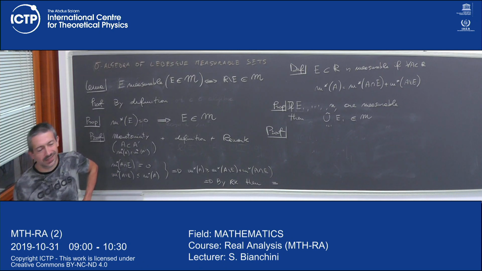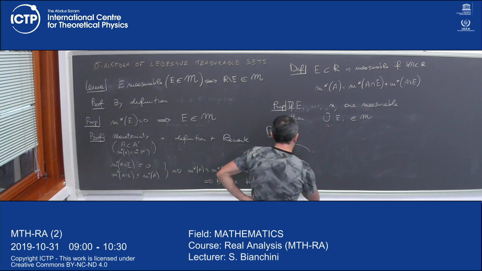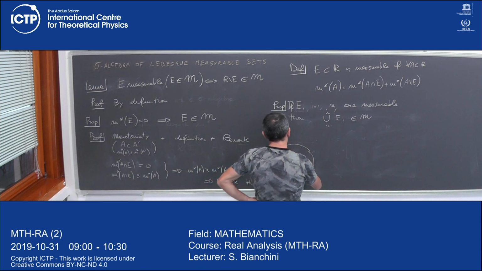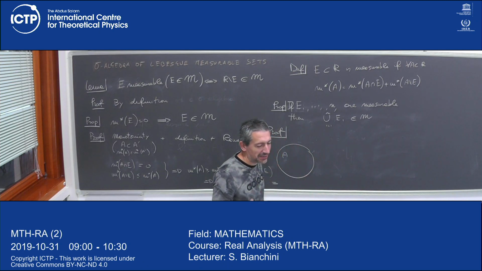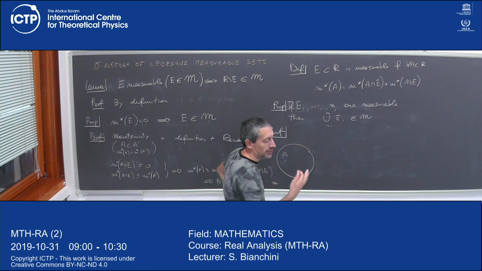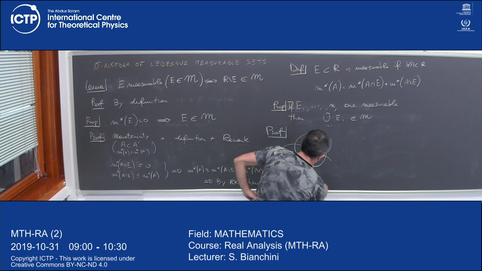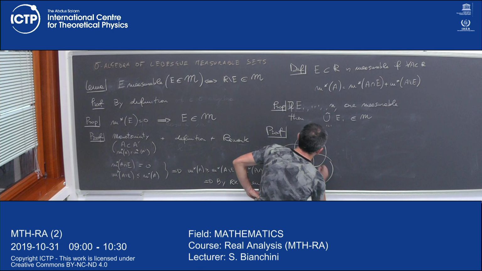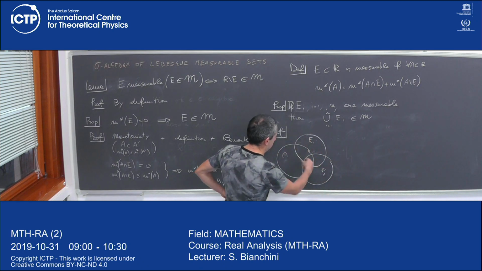The drawing is, well, as usual, when you do drawings in set theory, you just have to organize all the possibilities. So now I put E1 and put E2. So now I have all the possibilities, the triple intersection.